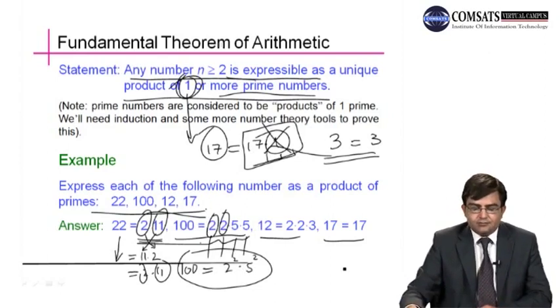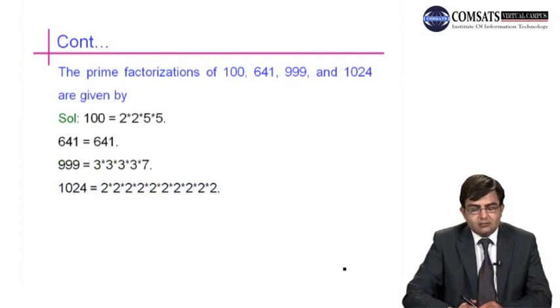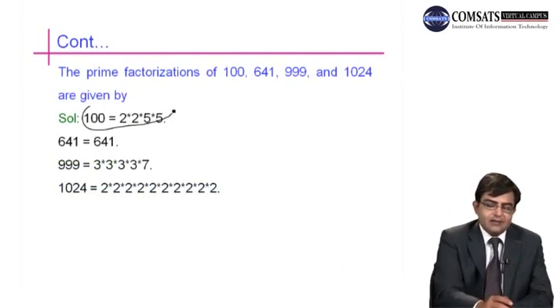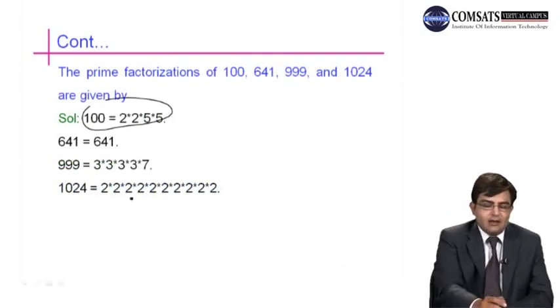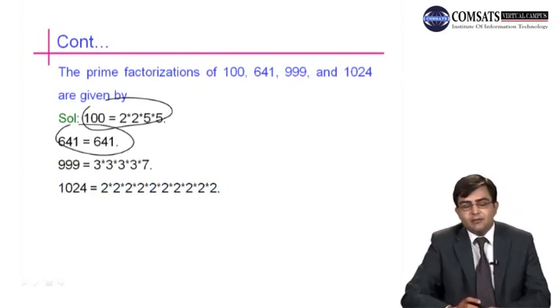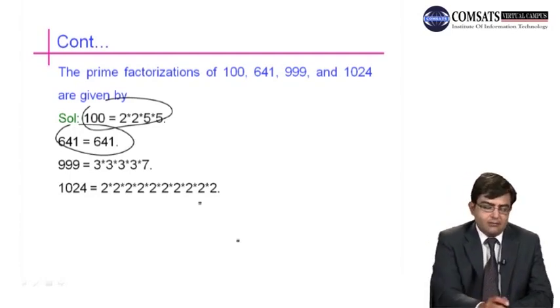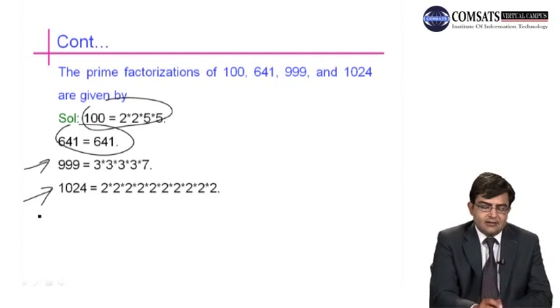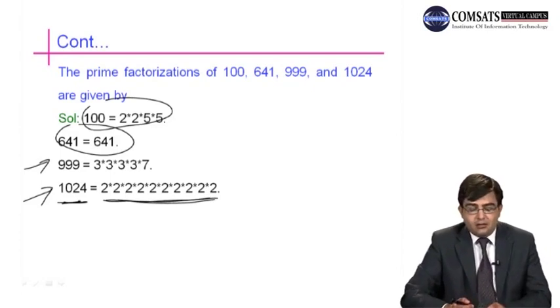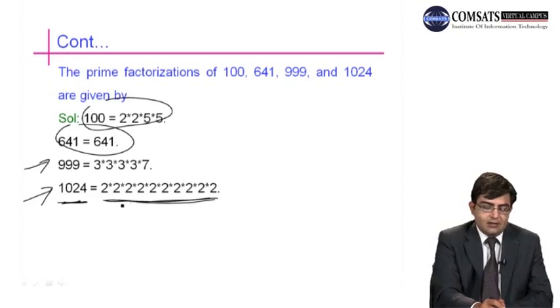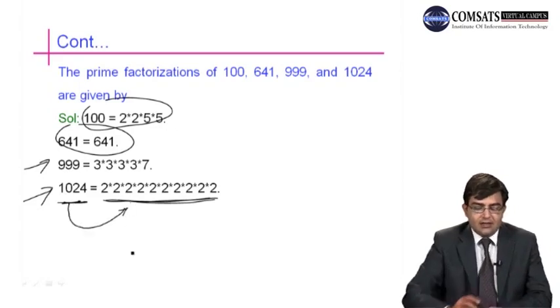So this is the theorem. We take some other examples. The expression of 100, and 641 is a prime number, so the only expression which can be given for 641 is 641 itself. This is the unique expression as a product of prime numbers in which this number can be expressed.